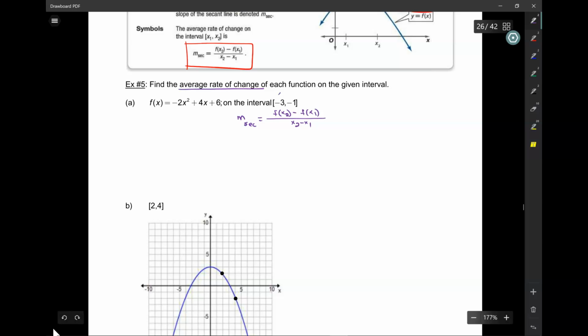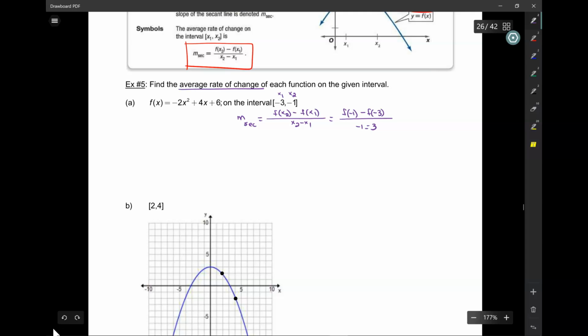Those are your x1 and x2. So this is really f of -1 minus f of -3 over -1 minus -3.